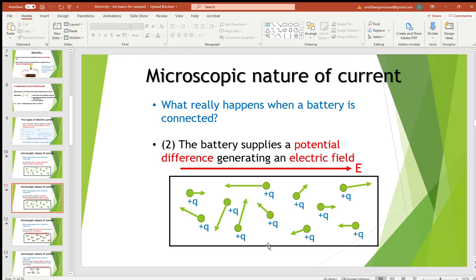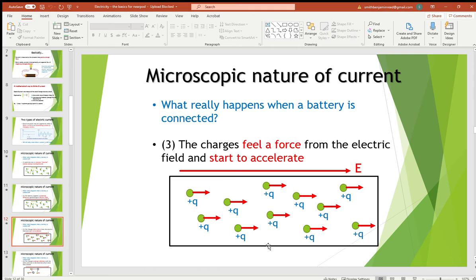Now when a potential difference is introduced, so that would be hooking a battery up to a circuit, the battery has a positive side and a negative side, so you have 2 different potential energies there, the positive and the negative, and that creates an electric circuit. So when an electric circuit is introduced, an electric field is also produced, and that electric field will actually push on these electrons.